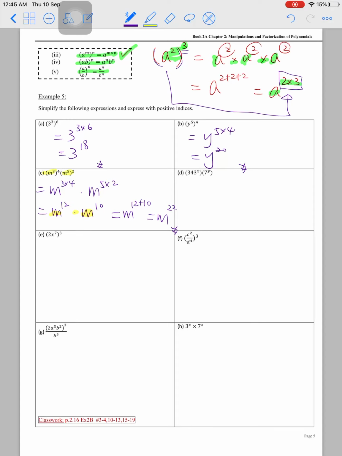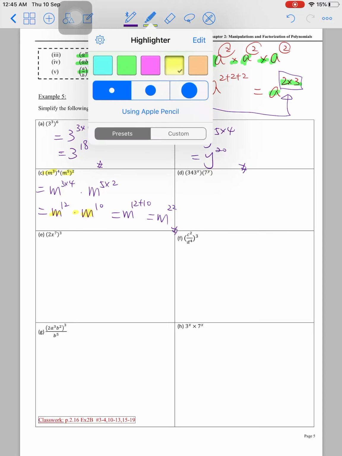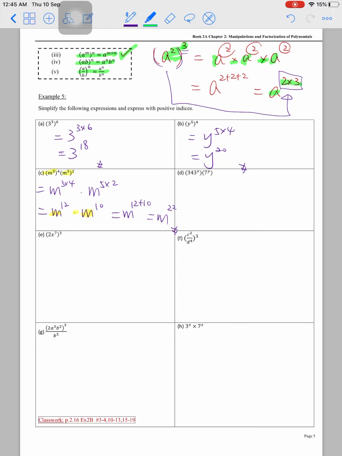Now observe part D first. Firstly you find that the two things, 3 to the power x and 7 to the power y, do not have the same base.